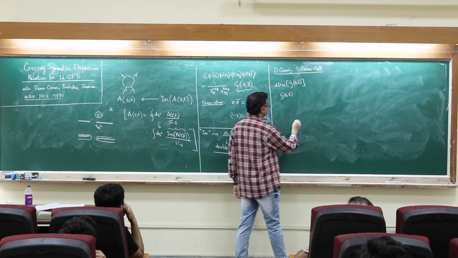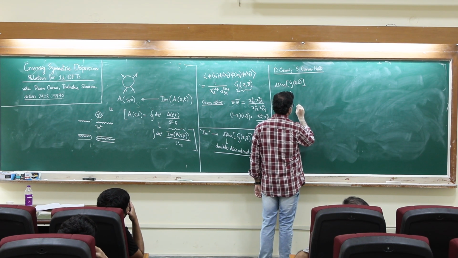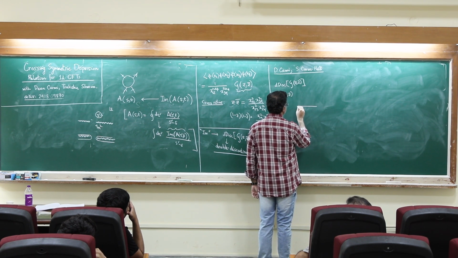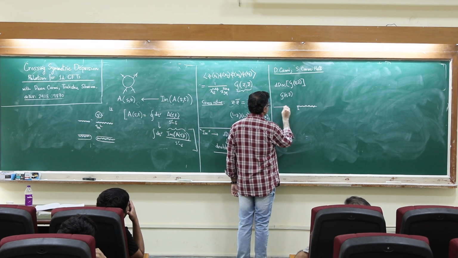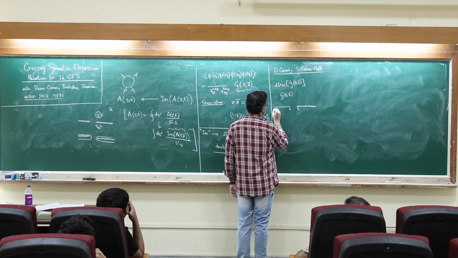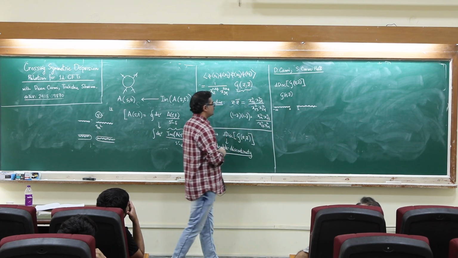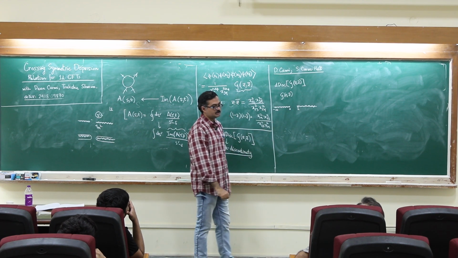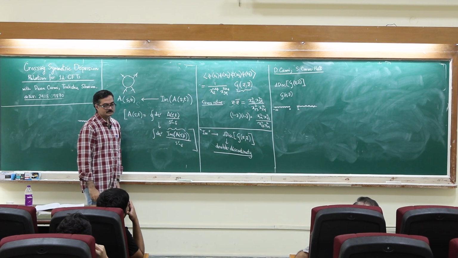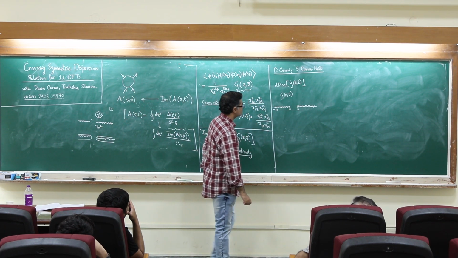For example, it has a branch cut in z bar from 1 to infinity and from 0 to minus infinity. This analyticity structure can be seen by expanding g in terms of conformal blocks, and you can show that it has this analyticity structure.